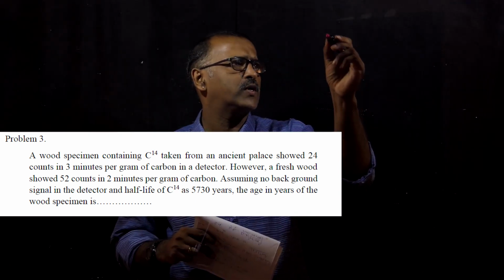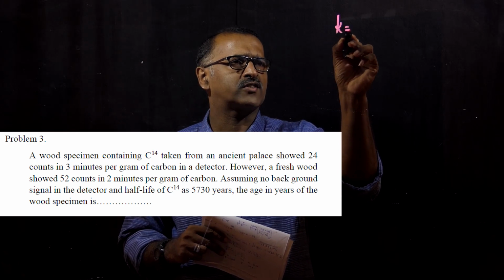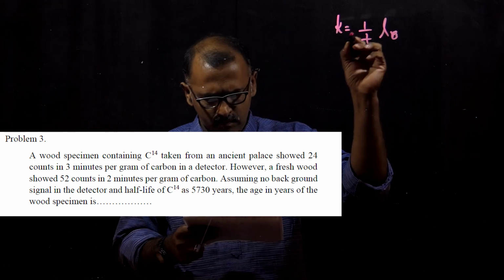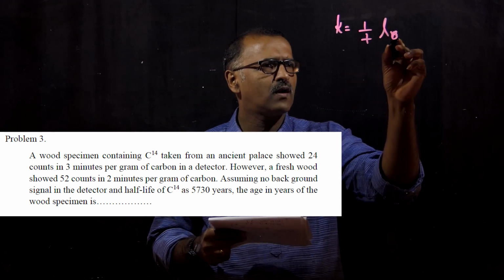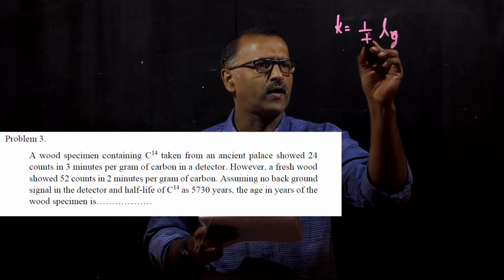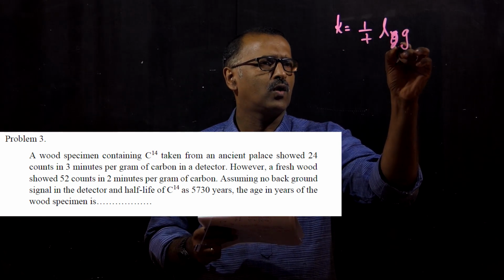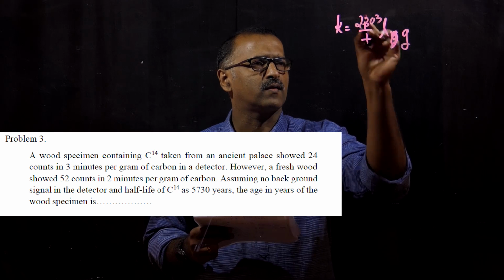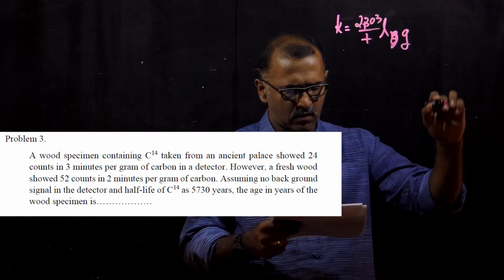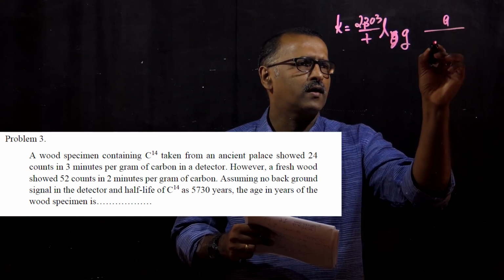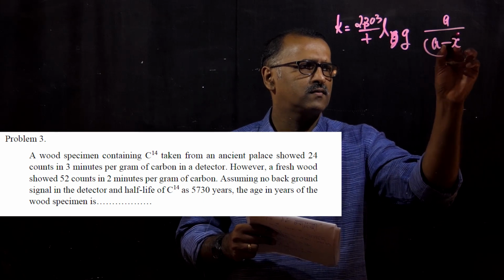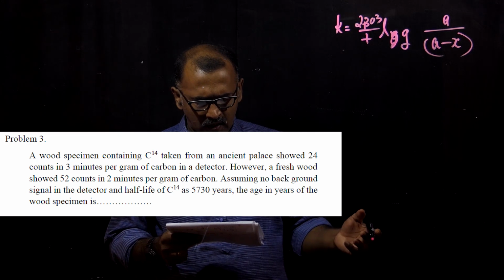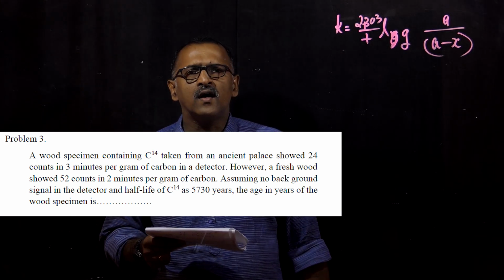We know the equation of first order rate constant, K is equal to 1 by T, sorry, 2.303 by T log of A by A minus X. Now here we have to find out the A and A minus X.